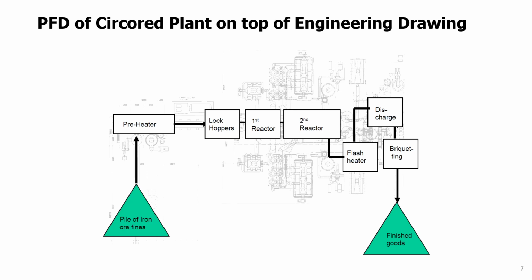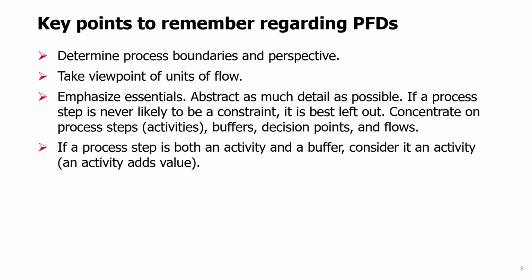So, things to remember when we plot a process flow diagram: we need to determine process boundaries and perspective. We need to take the viewpoint of a unit of flow. In this case, this briquette, or iron ore that becomes a briquette later on. We need to emphasize essentials, right?